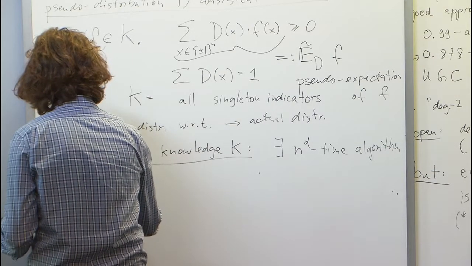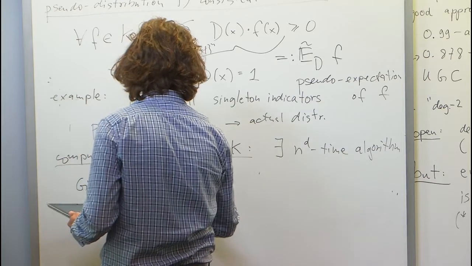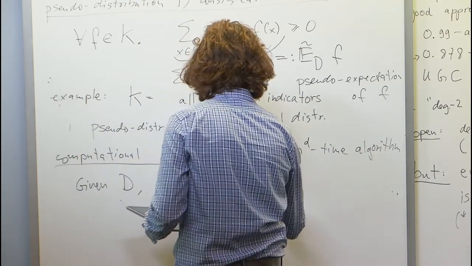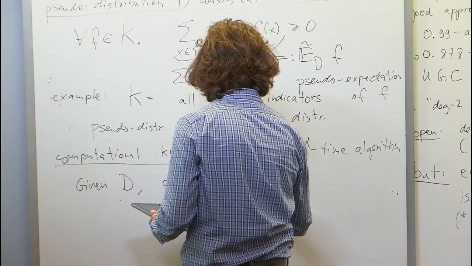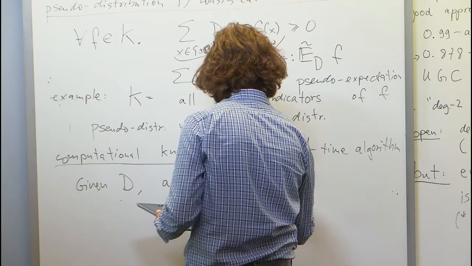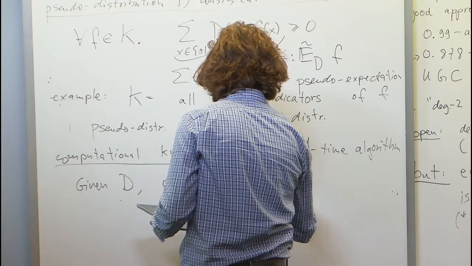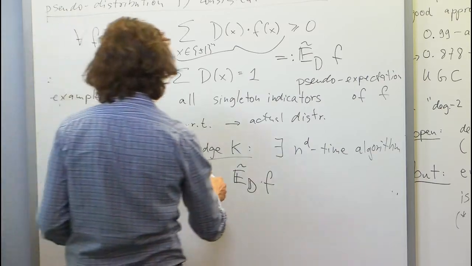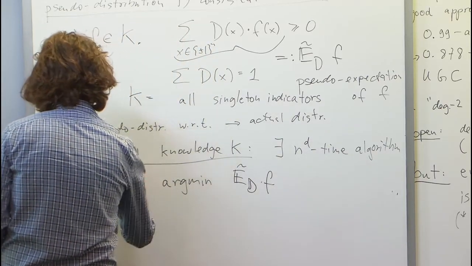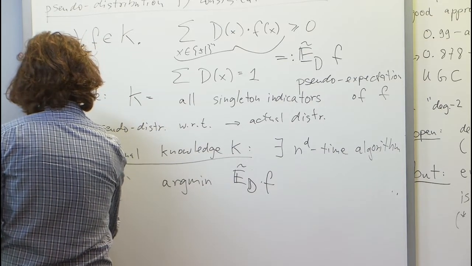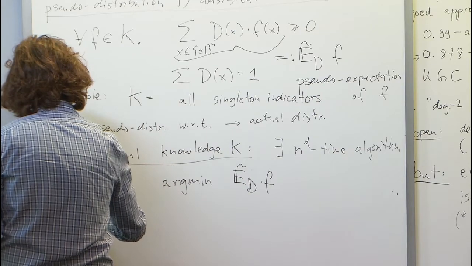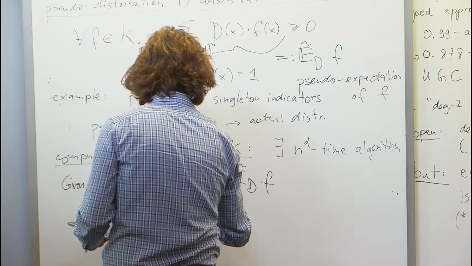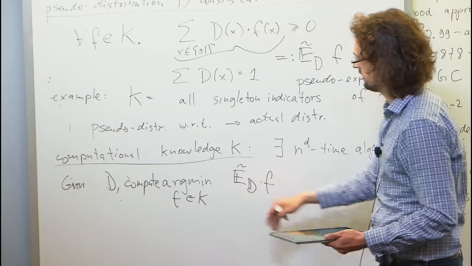Given a function d, compute the function in our knowledge K that minimizes this pseudo expectation, that has the smallest pseudo expectation.